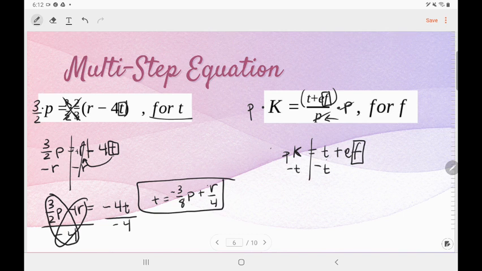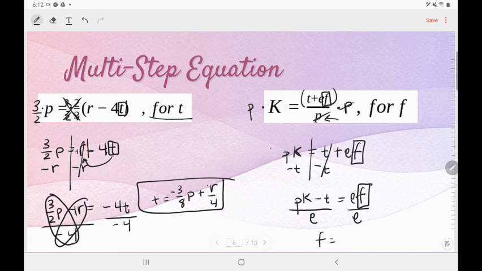So minus t. I still can't combine any of those variables. Minus t equals that zeroed out. And if I simplify the right side, I just have EF. Now I'm still solving for f. I'm going to divide by e because there's multiplication going on. Remember, I'm going to divide everything.